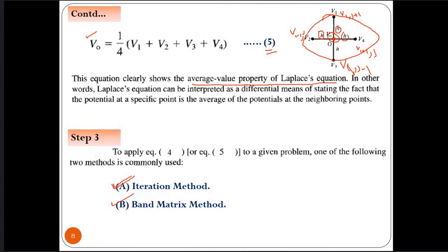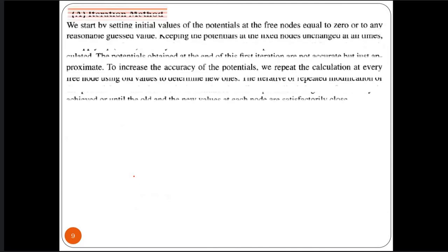So in the first iteration step, you find out the potential of all free nodes, like from 1 to 5. If there are 5 free nodes, you find out the 5 approximated potentials, but these are not the actual ones. They are some approximated values. So for better accuracy of your approximation, you have to go through the second iteration step.